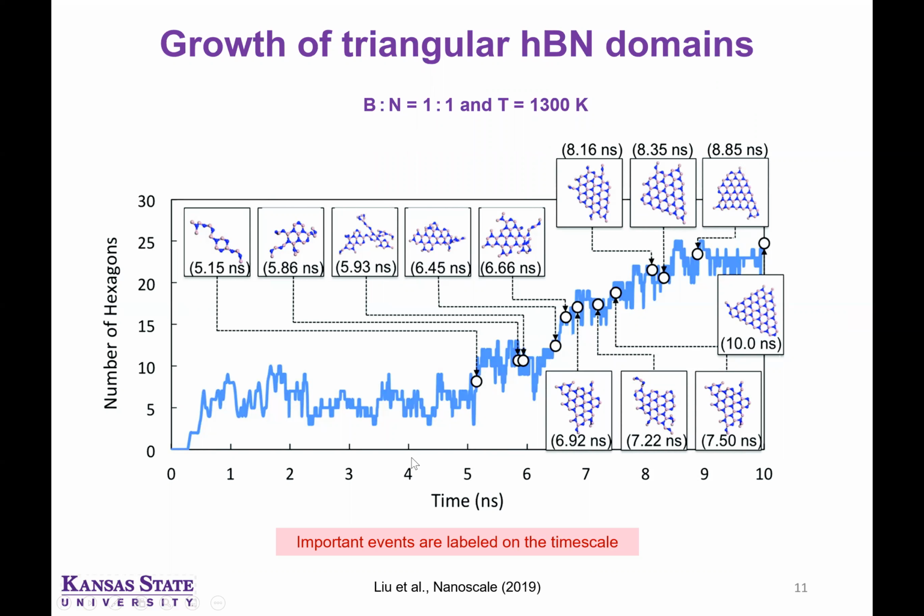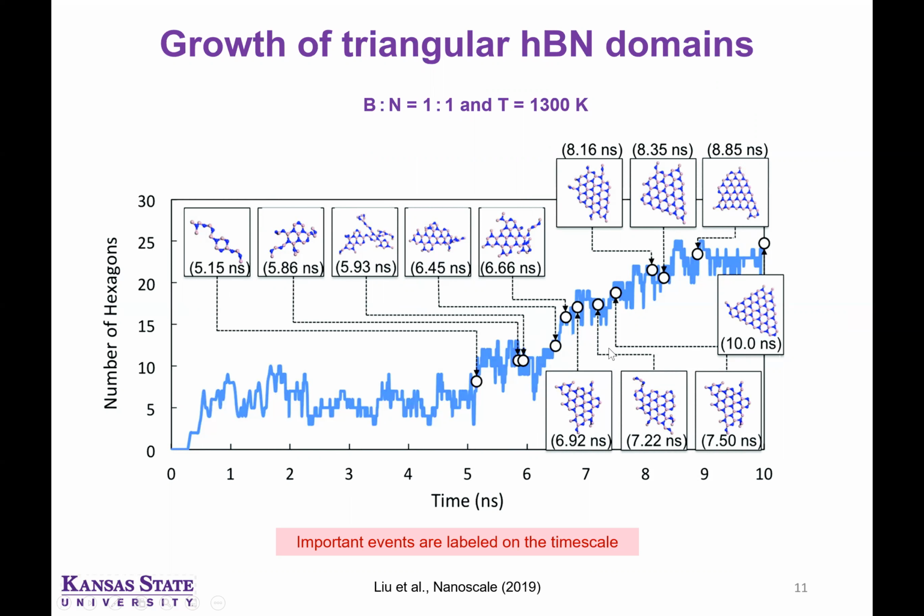The first half of the simulation is very uneventful, and the first hexagon didn't start to form until about 5.15 nanoseconds. Once the first hexagon is formed, it quickly grows into multiple joined hexagons.